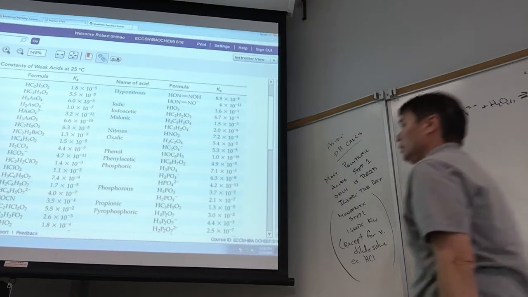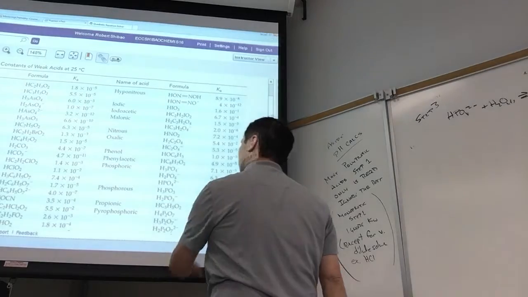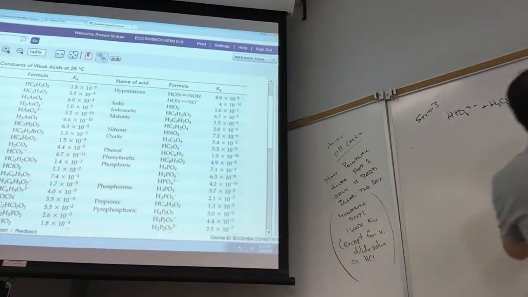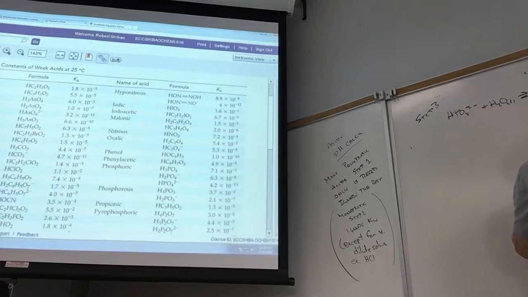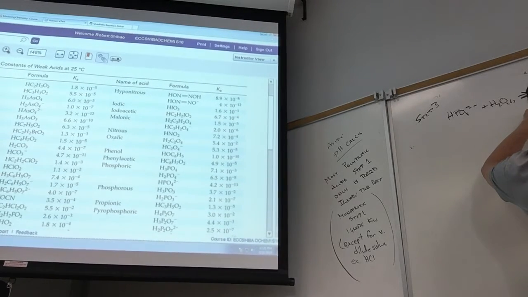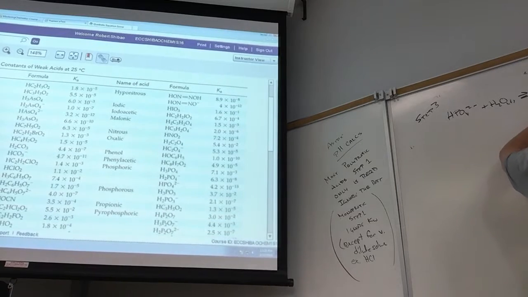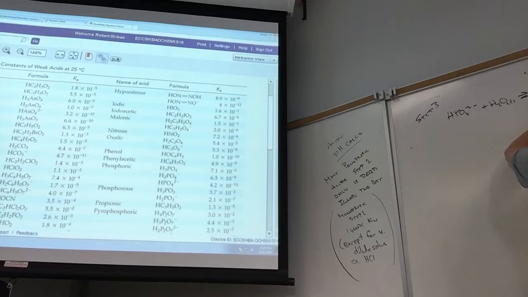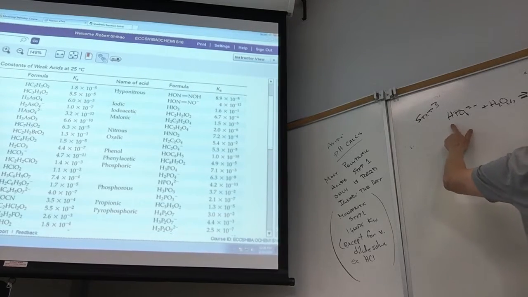Ka3 for this is 4.2 times 10 to the minus 13, which is going to equal the hydronium ion concentration times the phosphate concentration divided by the monohydrogen phosphate concentration.